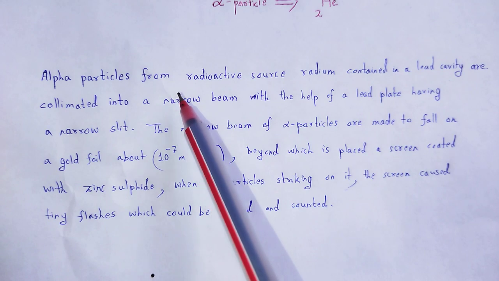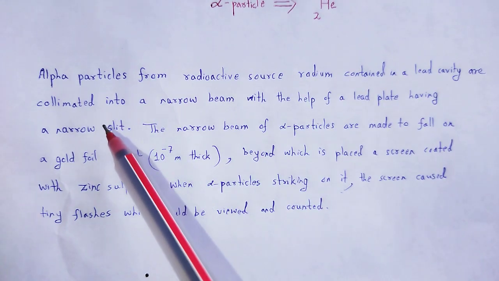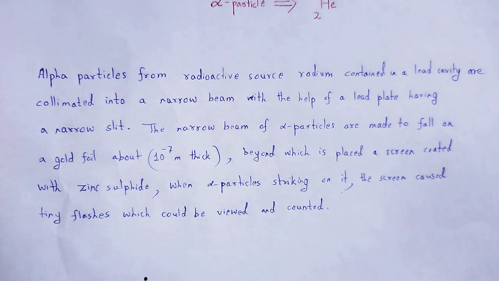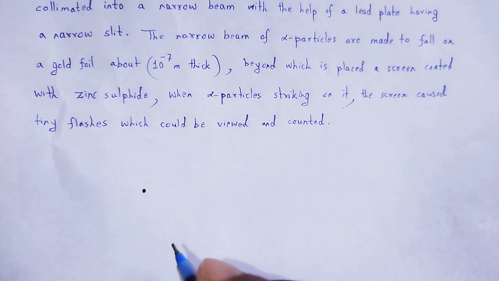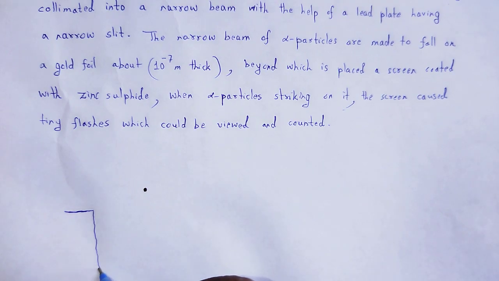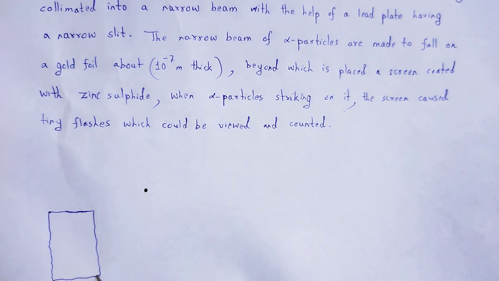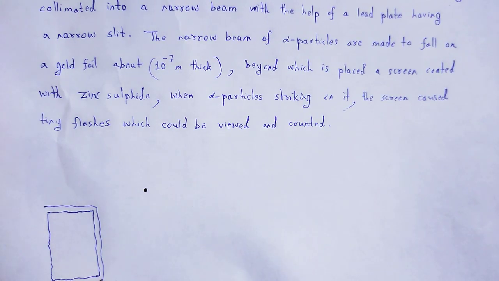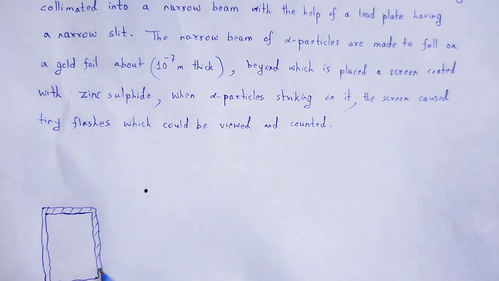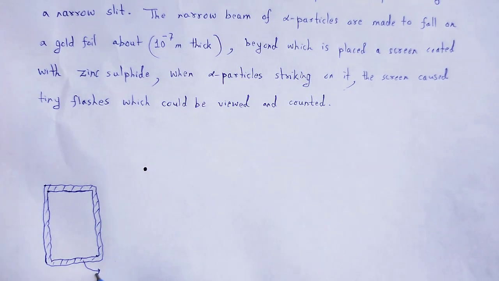Alpha particles from a radioactive source, radium, which is contained in a lead cavity, are collimated into a narrow beam with the help of a lead plate having a narrow slit. This is the lead cavity.